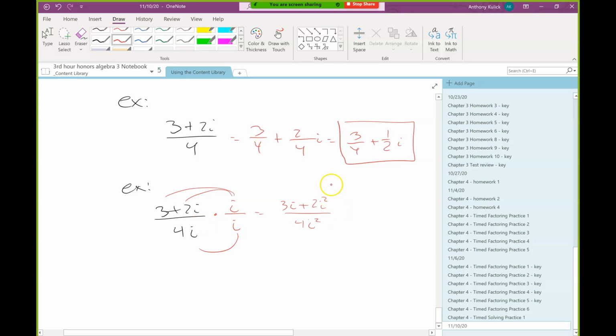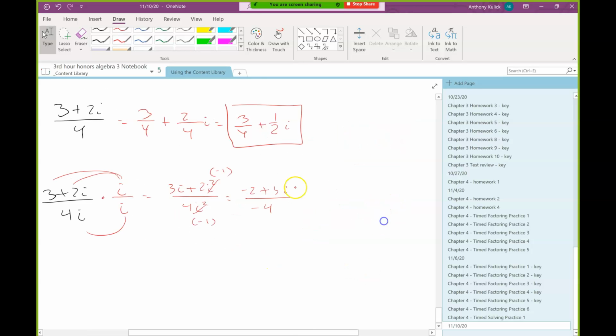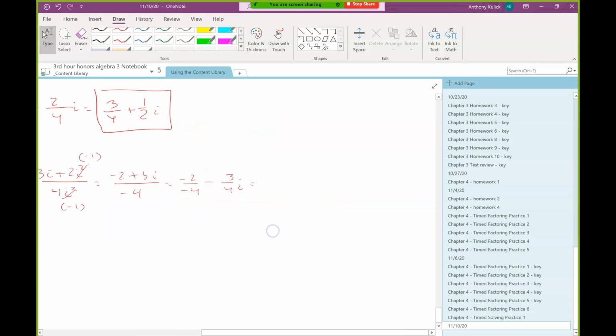Are we all okay with that? So still not bad, right? If there's a single i in the denominator like that, just multiply the top and bottom by i and move on about your day.